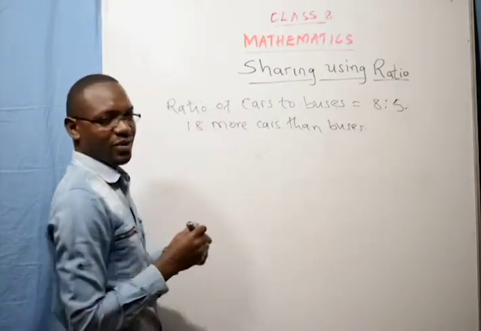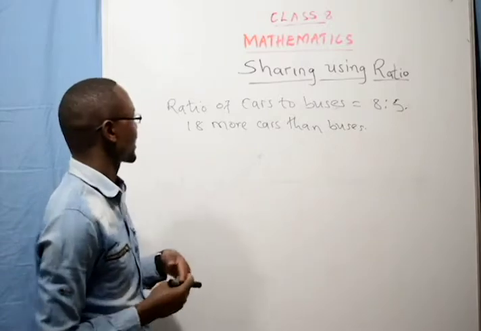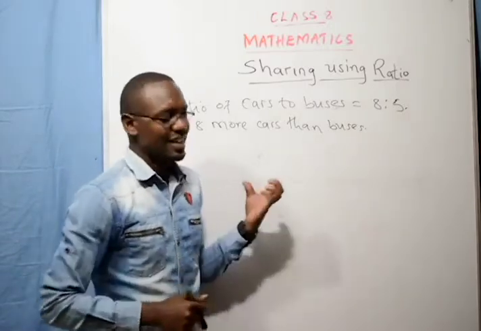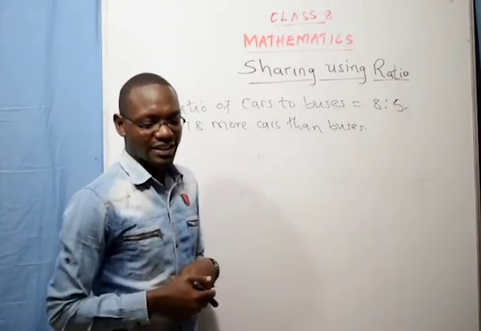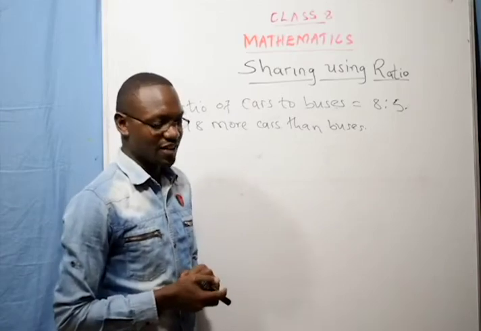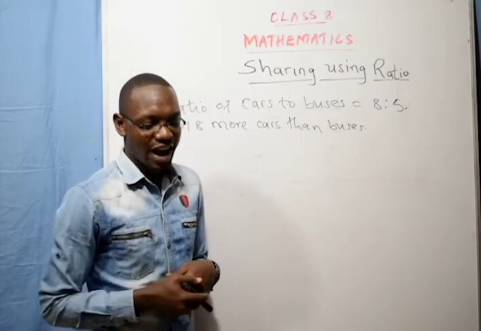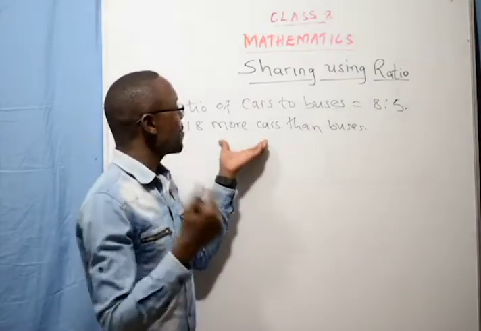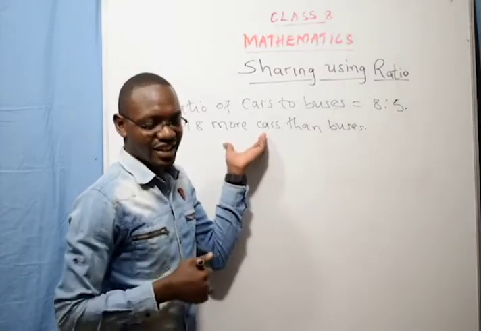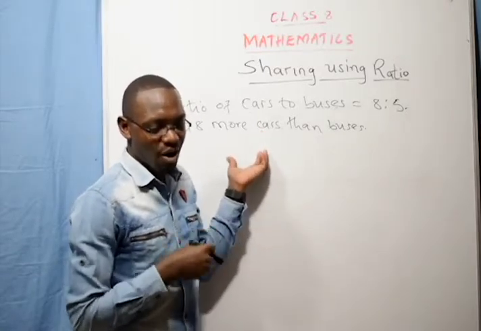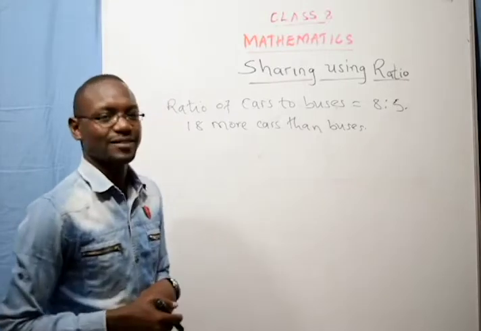I read the question again so that you get it clearly. You are told in a garage the ratio of cars to buses is 8:5. How many vehicles are in that garage if there are 18 more cars than buses?